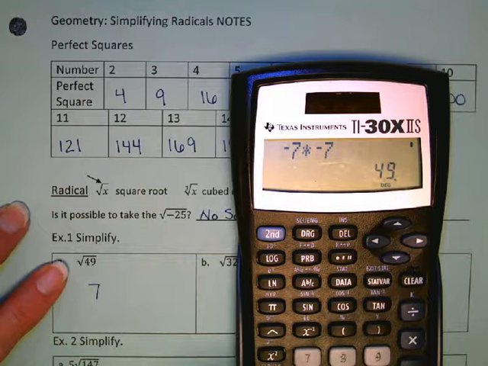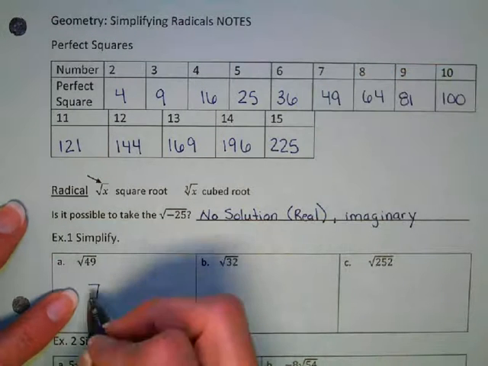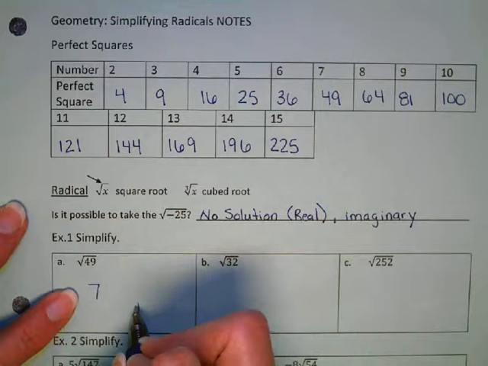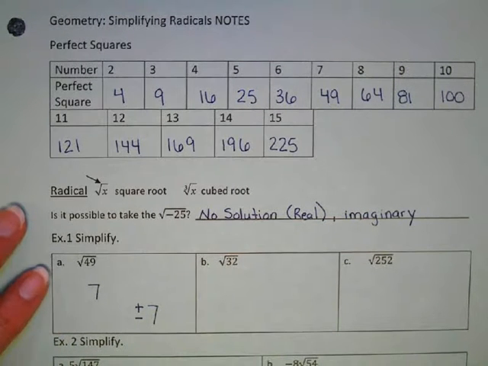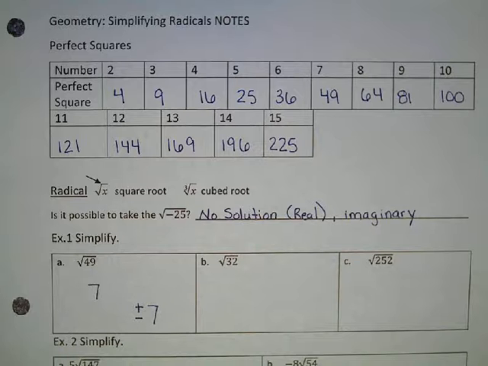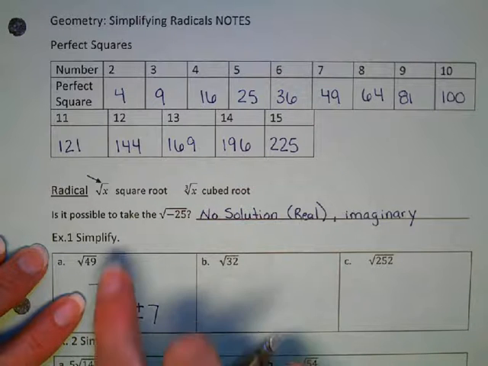So sometimes you'll see textbooks write this with a plus and a minus sign to show it's positive and negative 7. There's a lot of times that we won't necessarily use that in our geometry because we're usually talking about the length of a side of a triangle. So we only would want the positive one, but it is possible to take negative 7 times negative 7 and get a positive 49.